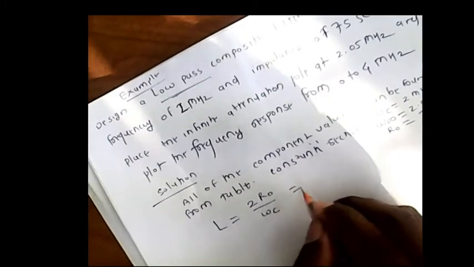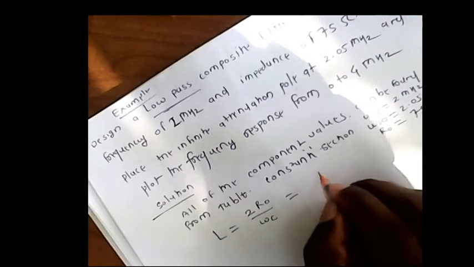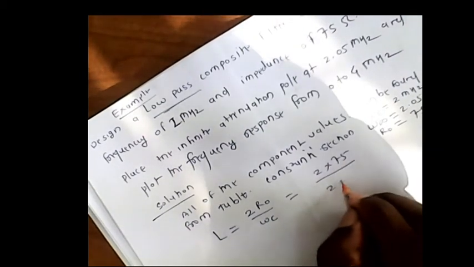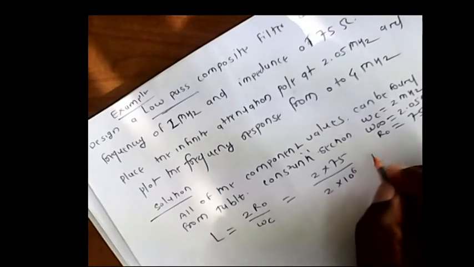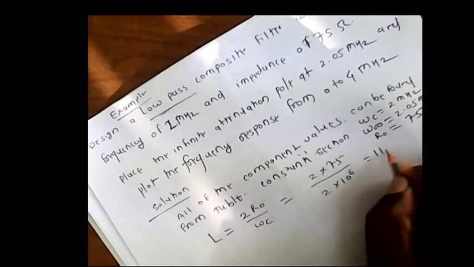When we put in the values, 2 into 75 divided by 2 into 10 raised to power 6, we get 11.94 microhenry inductance.